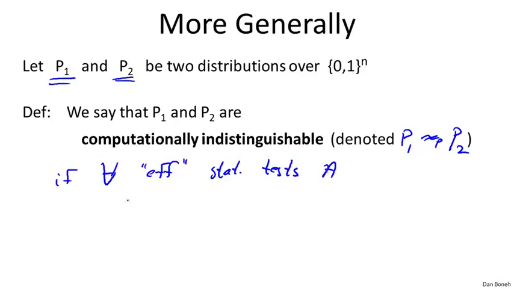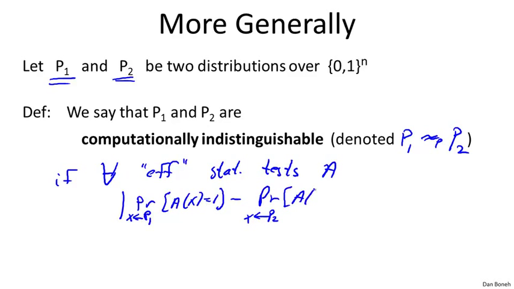A, it so happens that if I sample from the distribution P1 and give the output to A, versus if I sample from the distribution P2 and give the sample to A, then A behaves the same in both cases. In other words, the difference between these two probabilities is negligible.